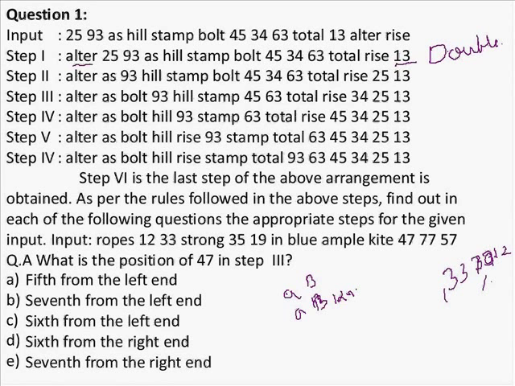Now you analyze it. That means it's still from the end. 57, 77, 47. That means 47 will be 6th from the right. So the answer will become 6 from the right end.